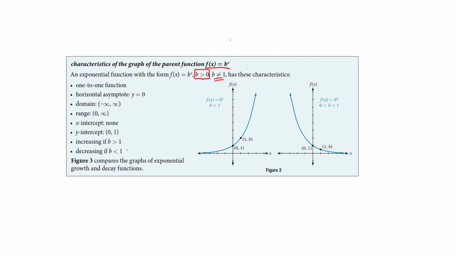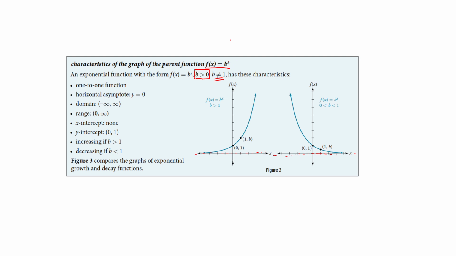Now, some other important features. We always have a horizontal asymptote where y equals 0. If you remember, a horizontal asymptote is a line that can't be crossed. So we will never cross the line y equals 0. Now, the reason is, how are we going to turn a positive value of b, how is some exponent going to turn this into a negative number?